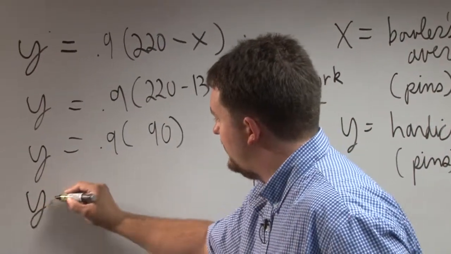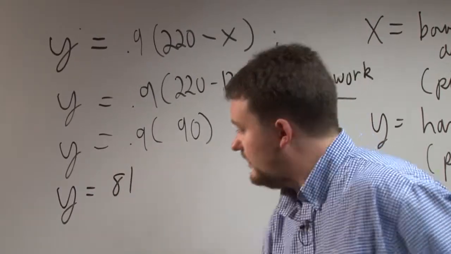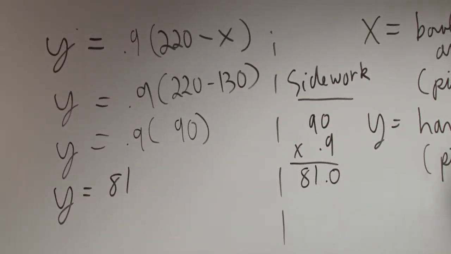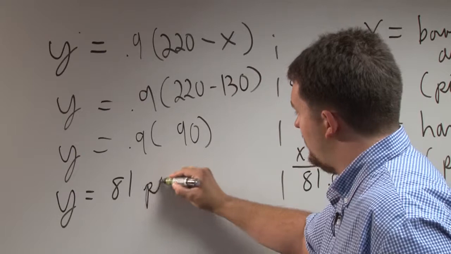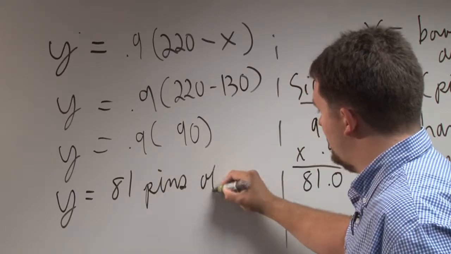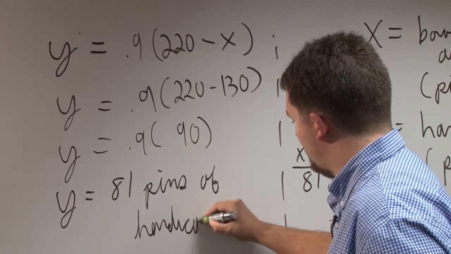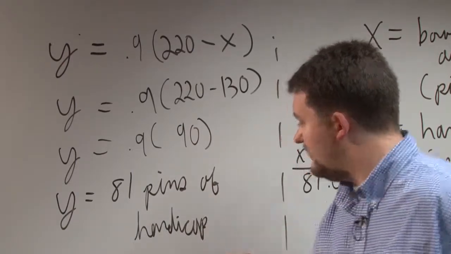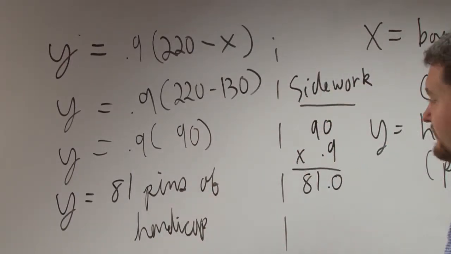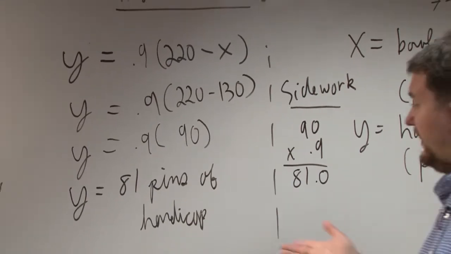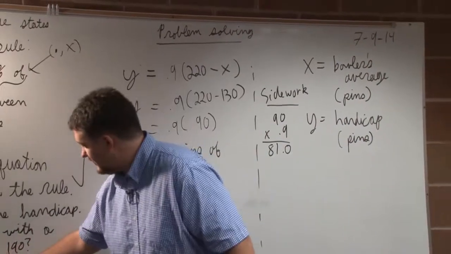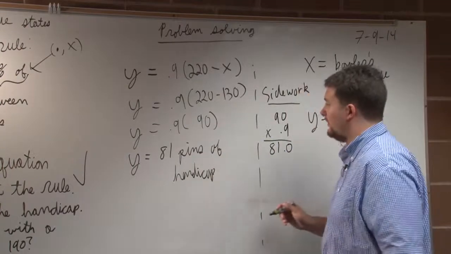So Y equals 81. Now, if we want to remember to put our units back in, that is pins of handicap. Not so bad, not so bad. And that's how we answer that. So that was the answer for that guy, and we're almost done.